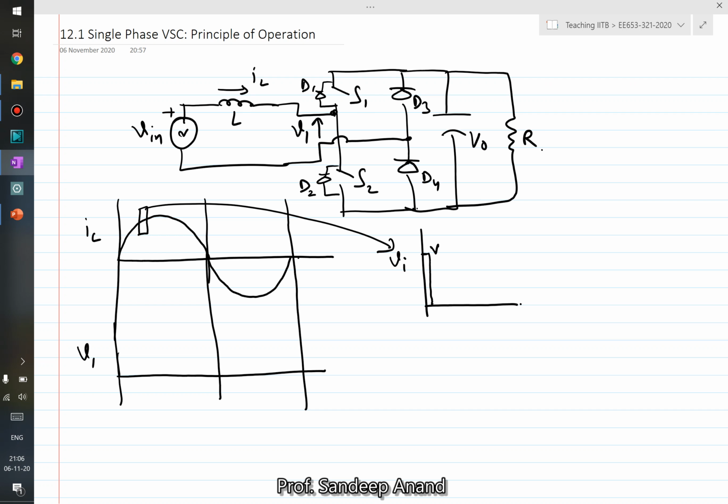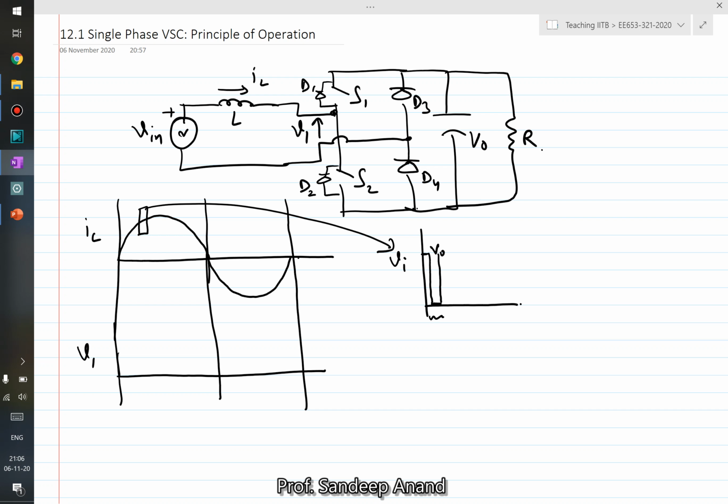So if I try to draw V1, it would be equal to VO, right? VO is this level. And when I want to increase the inductor current, then I can turn on S2. D4 was anyways conducting, so if S2 is turned on, the current will flow through S2 and D4. So V1 would be equal to 0, right? This is the zoomed version of what happens here.